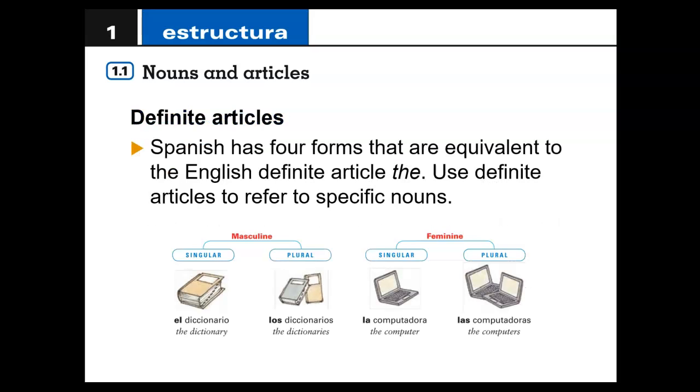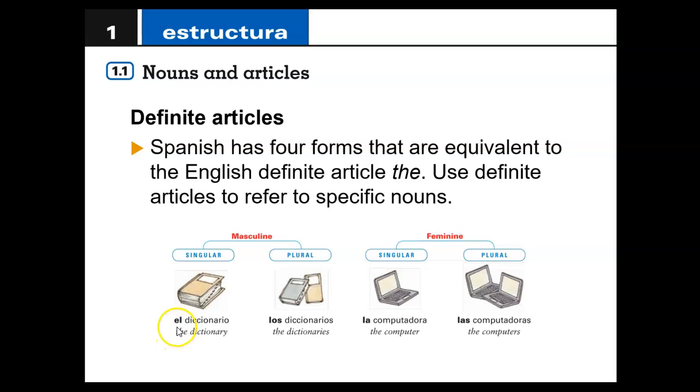So definite articles are always going to be the in English. There are four forms of the in Spanish. The Spanish form for the that's masculine, singular, is el.